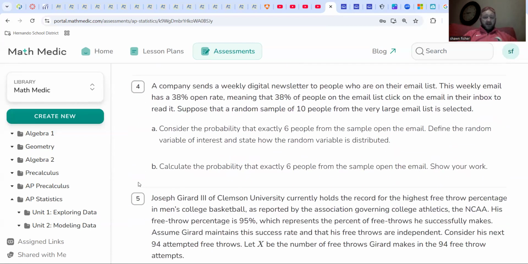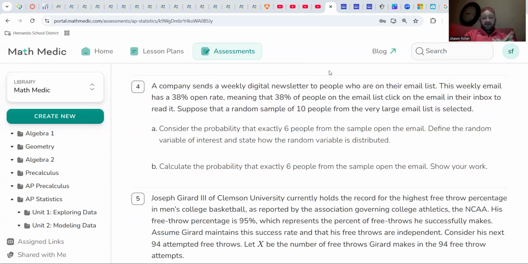Company sends out a weekly newsletter to people who are on their email list. Weekly email, 38% open rate, meaning 38% of the people click on the email in their inbox to read it. Suppose we take a random sample of 10 from a very large email list.